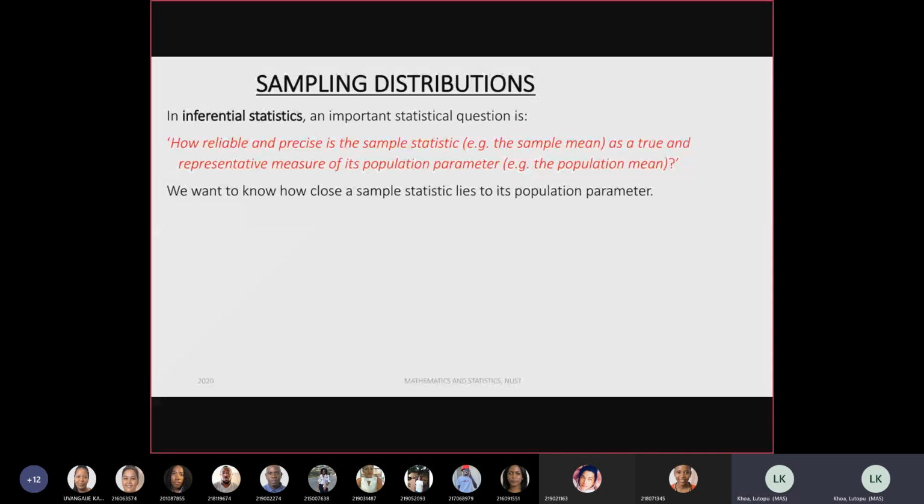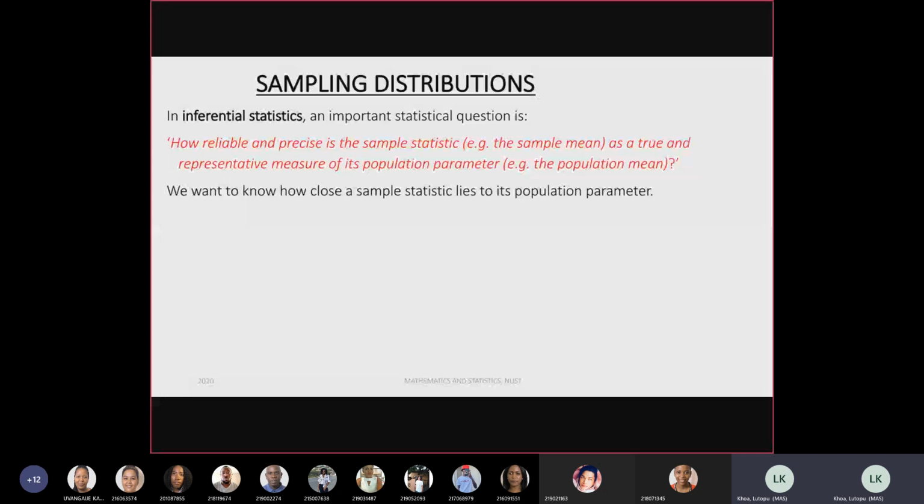Now, in inferential statistics, an important statistical question is how reliable and precise is the sample statistic? So we want to know, is the statistic that we are using really reliable? So remember the difference between the statistics and the parameters.